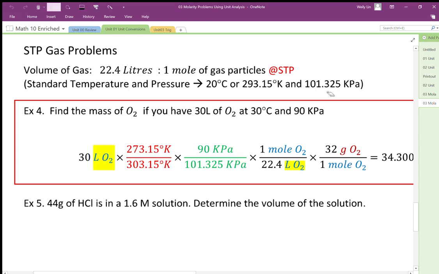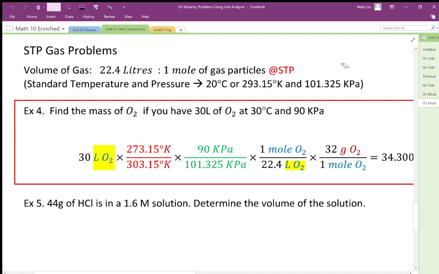The pressure is the inverse, or the reciprocal. So as I increase pressure, my volume should decrease. If I decrease pressure, my volume should increase. So it works the opposite. If I have a decrease of pressure, I need to make sure that my bigger number is on top and my smaller number is on bottom.